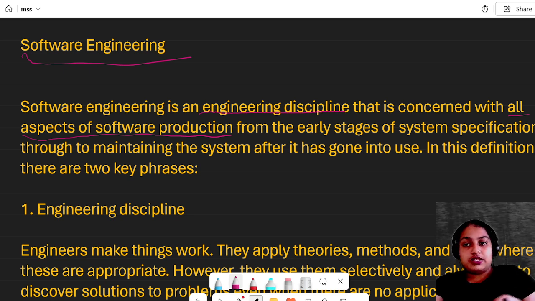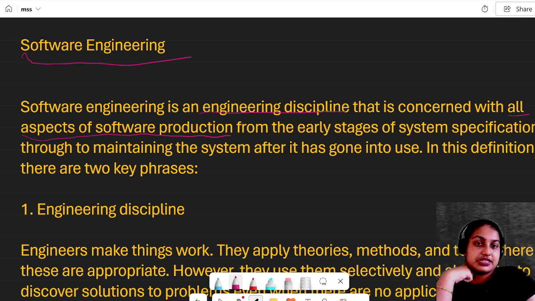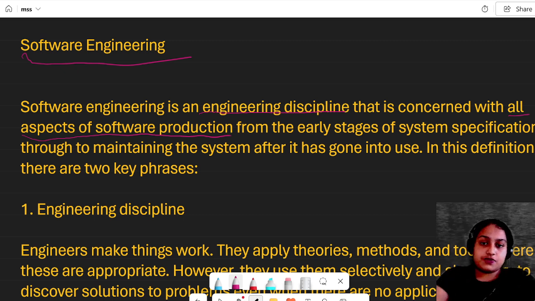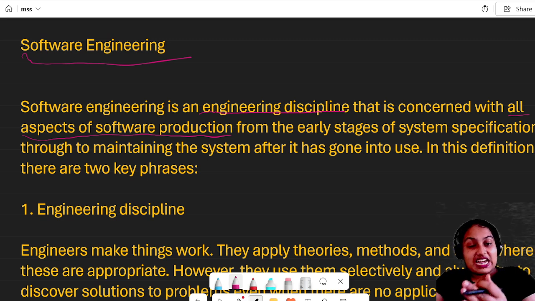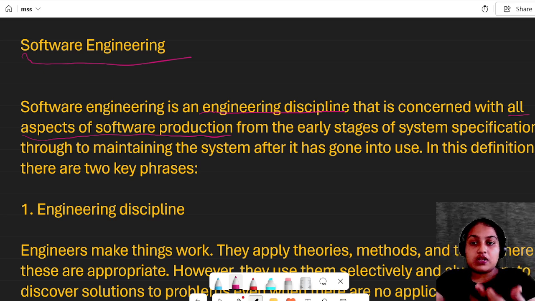First of all, it is an engineering discipline. Second, it will include all the aspects of software production. Right from the system specification till maintaining the system, all these are different stages in software engineering and software production.